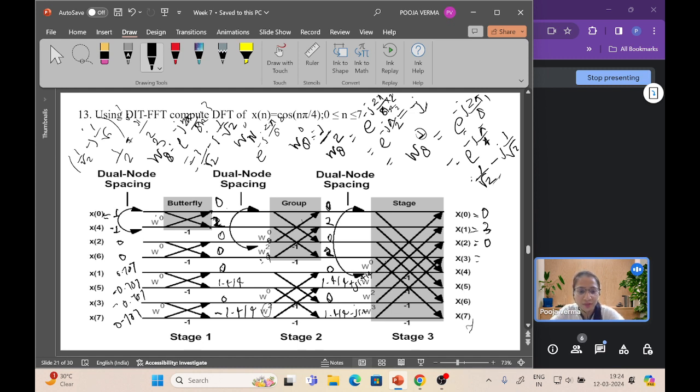Now calculation will become tougher. So 2 plus this multiplied by this factor. Okay. Then what you will get? 2 plus this will be multiplied by, I just need to read out.